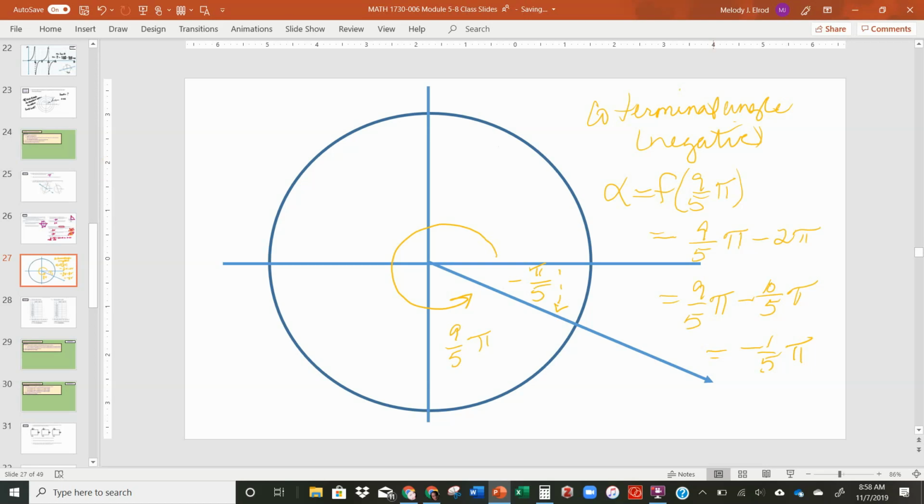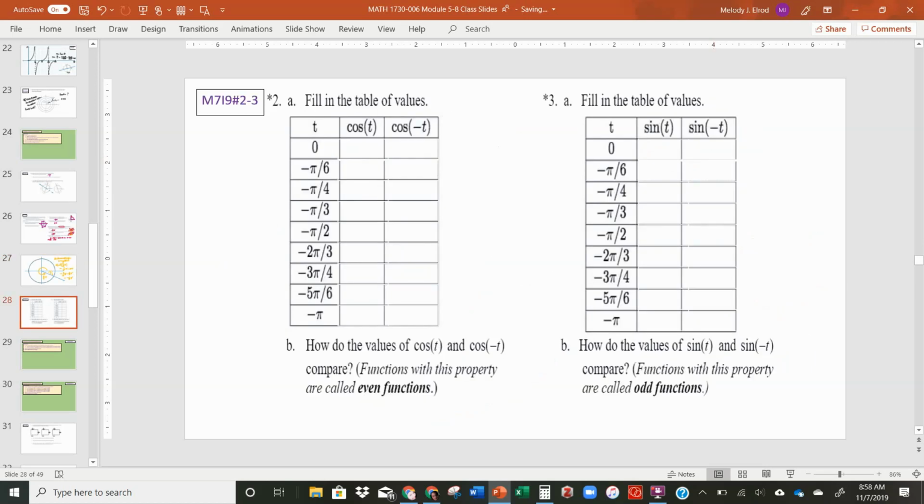Okay. The other thing that we should explore when we're talking about negative angles is what kind of effect a negative angle has on forward and backward rotation from 0. As we move forward, we know what the shape of sine looks like. We know what the shape of cosine looks like as we move forward from 0.